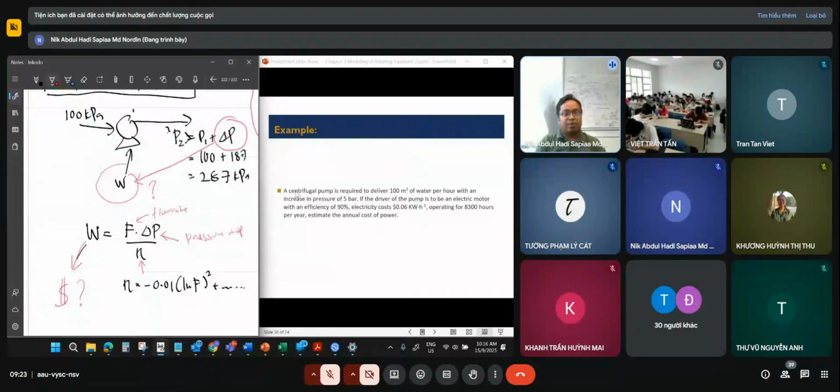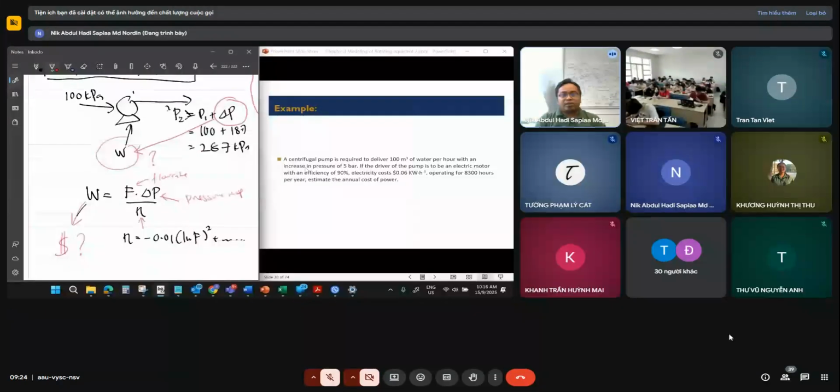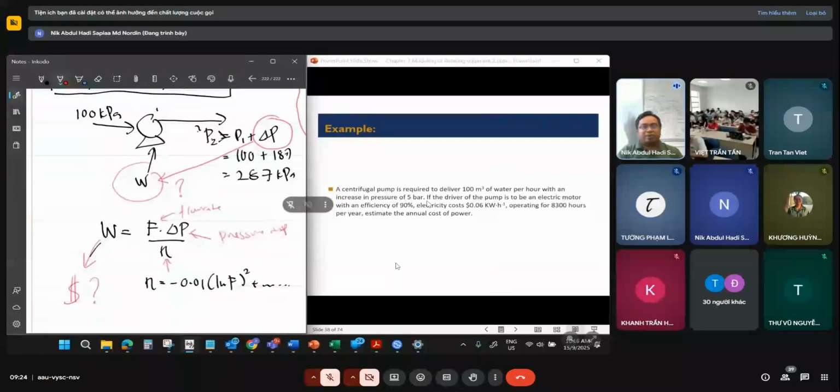So let's take this example. We have a centrifugal pump to deliver 100 meter cube of water, and we are to increase the pressure by 5 bar, which means, let's say from 1 bar, we need to increase by 5 bar, so that we have the outlet at 6 bar.